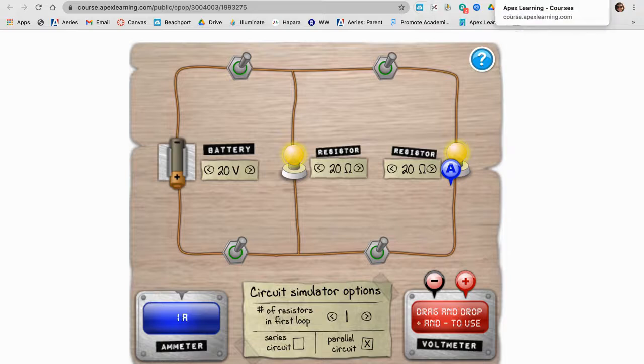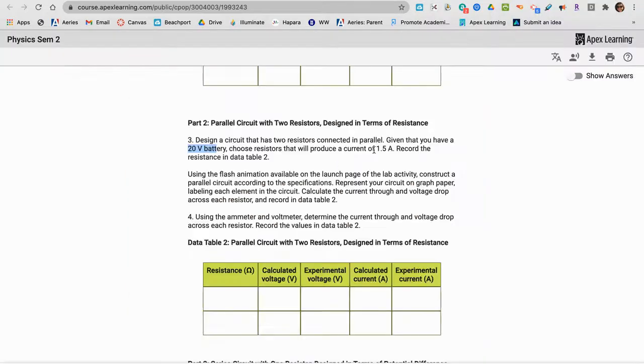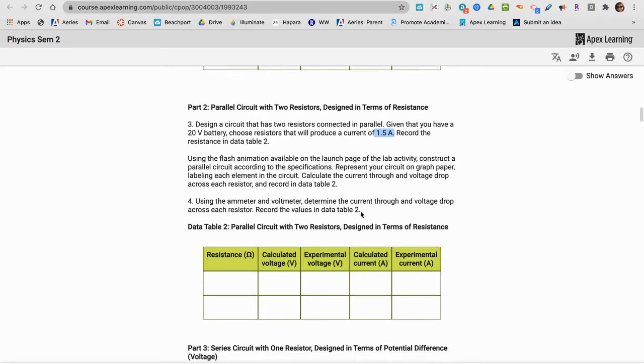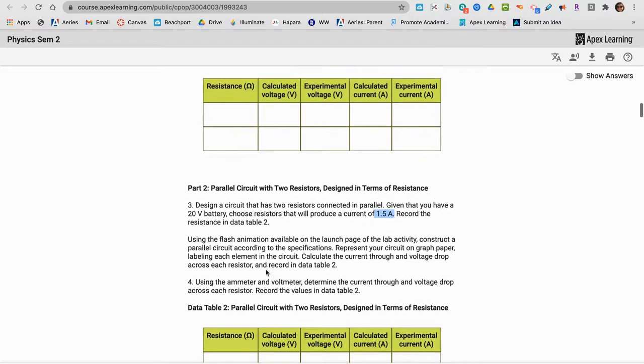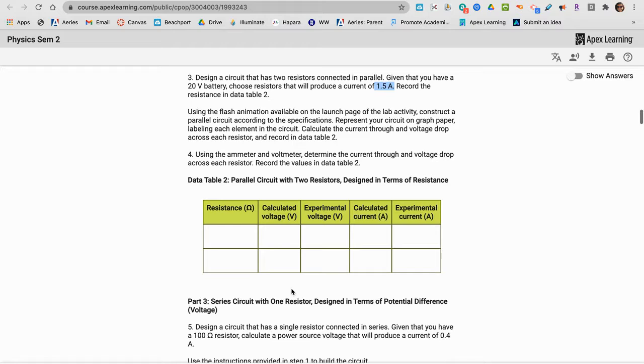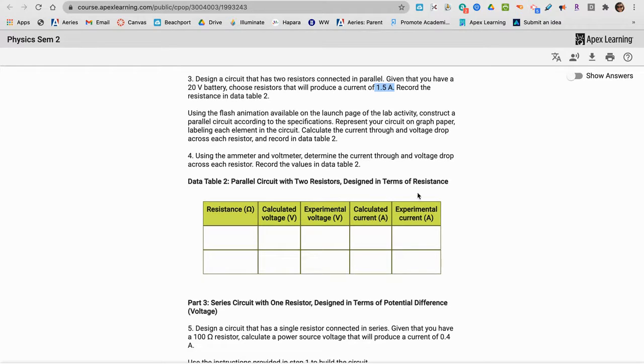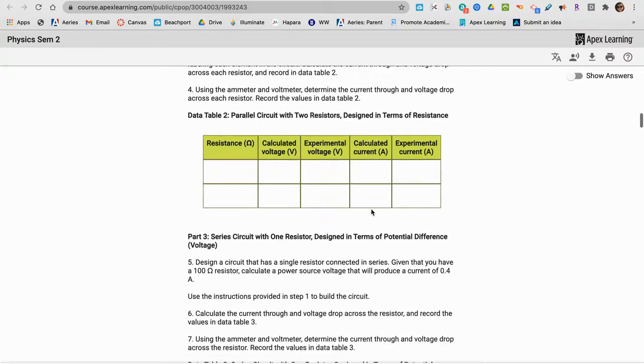So if I go back to my lab, I need my current to be 1.5 amps. So what should I change the resistance to get it to be 1.5 amps? Again, you can do a calculation or you can try trial and error. Okay? And then you're going to follow along. Like you're going to need to fill out your data here, draw your circuit, all that good stuff.